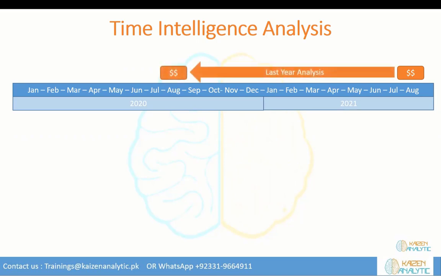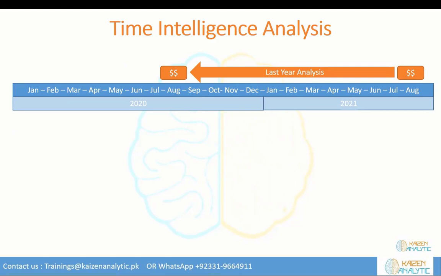So we can do this analysis and compare how we are performing if we compare this August's expenses, sales or other things with the expenses of the month of August in 2020. This also takes into consideration any seasonal variation.